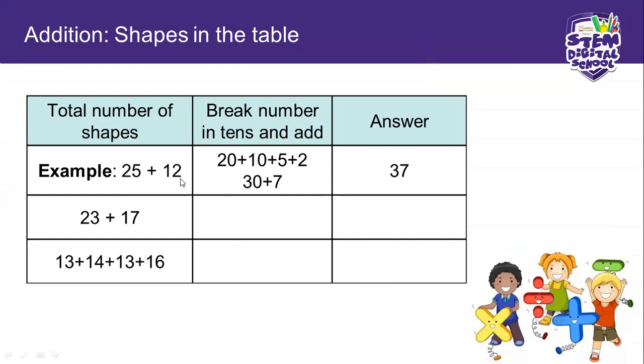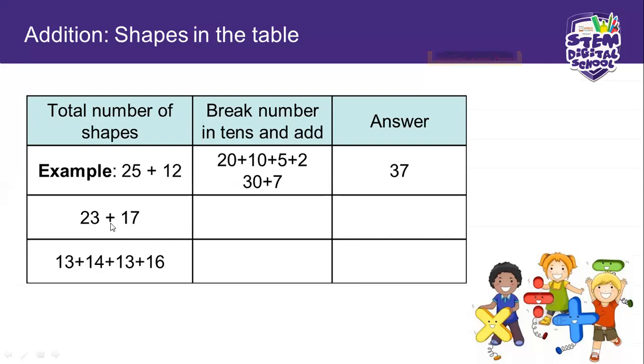And then our 12 there, it's 10 plus 2, which is 12. So if we add everything together, it's 20 plus 10, it's 30. 5 plus 2 is 7. And the total number there is 37.